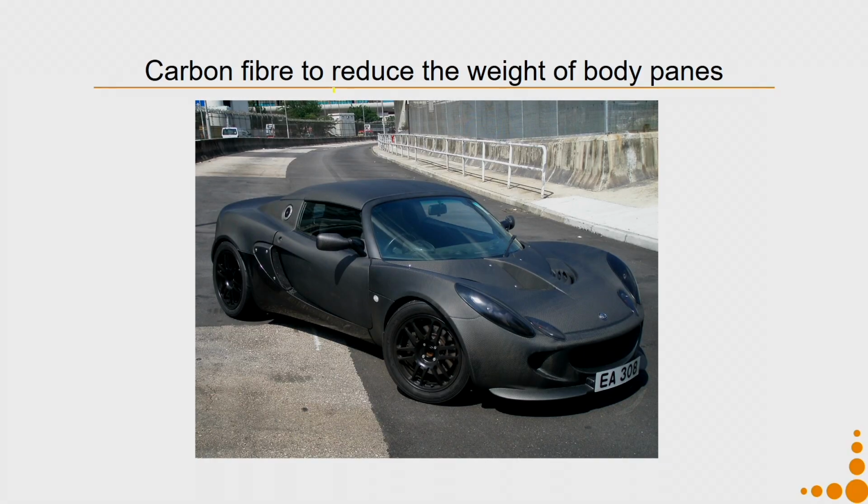The higher end vehicles are made with carbon fiber bodies to reduce the weight of the body panels. As a result, you will achieve a reduction in the fuel consumption while this vehicle is running. Also, when you transport this vehicle from the factory to the distributor, because the weight is now lower, there will be savings. But the impact of a car is highest at the usage phase, and at the usage phase I am able to reduce the fuel consumption because I am using carbon fiber.